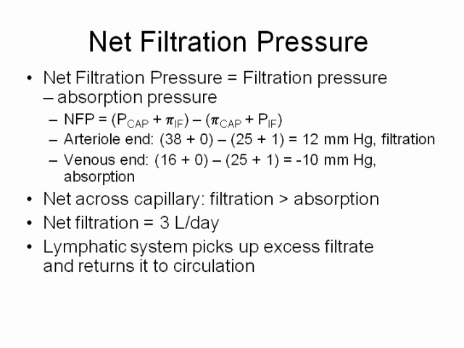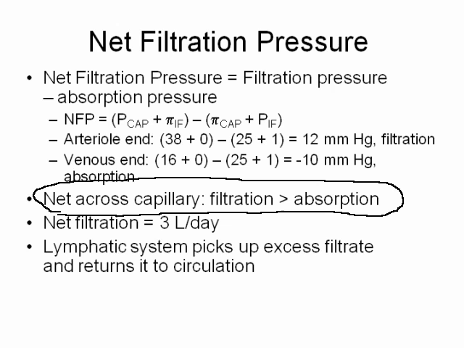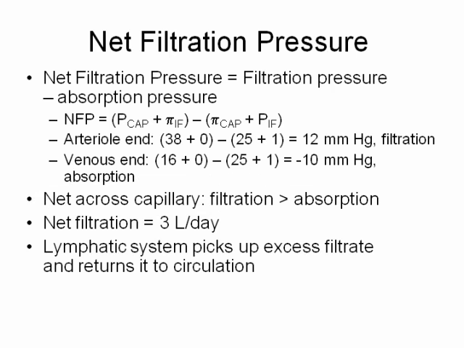So we have what we call a net filtration pressure, and it is basically the sum of these 4 Starling forces that we talked about. So the net across the capillary favors filtration over absorption. It makes sense. The body tissues are consuming substances, consuming oxygen, energy supplies, etc. So we're filtering material out of the blood into the tissue.